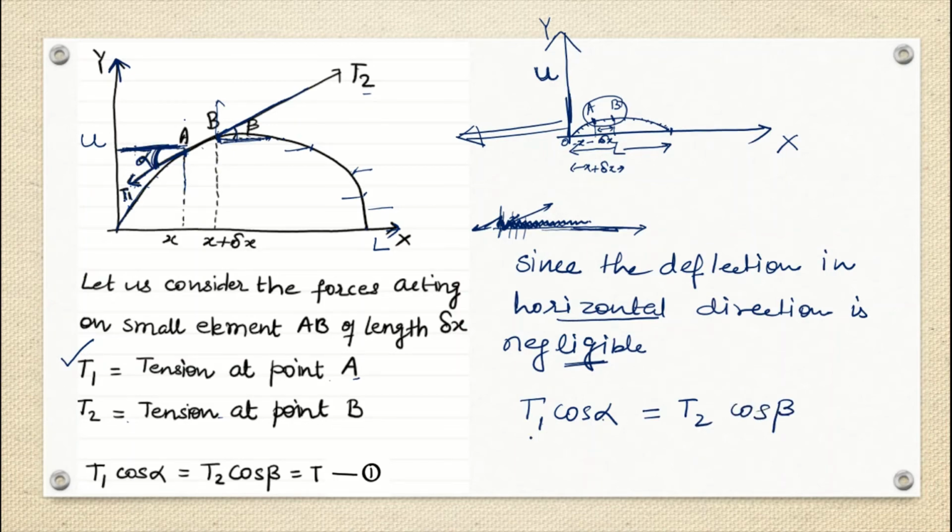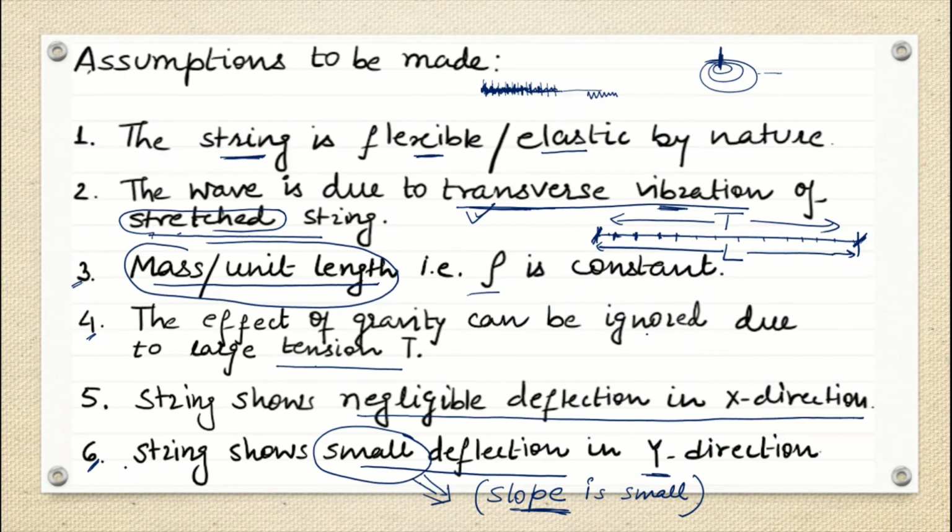What we had discussed in point number 6 is that the deflection in y direction is very small. Right now we are saying that the deflection in horizontal direction is negligible, but in y direction the deflection is present, but very small, and this small deflection says that the slope is very small. That means the angle is very small.